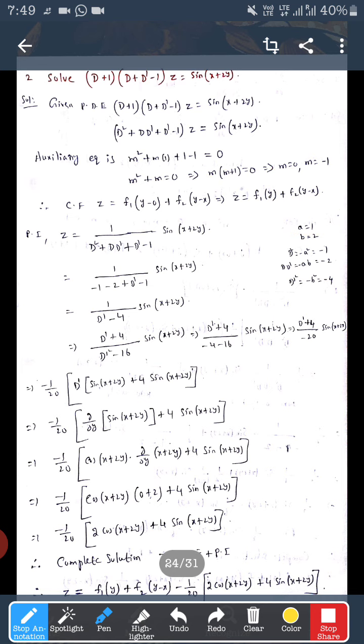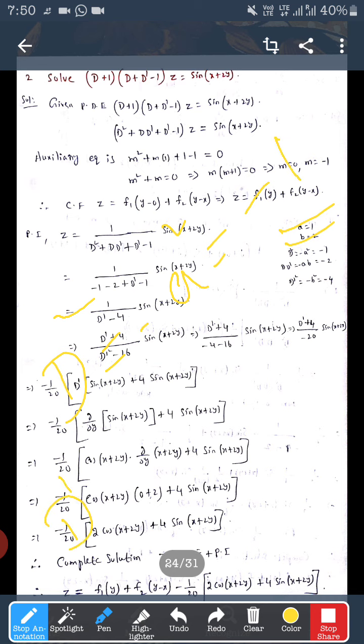Next, coming to the particular integral PI. So 1 by f(D², DD', D'²). Here a is equal to 1, b is equal to 2. Therefore, in place of D², we have to substitute minus a², that means minus 1.